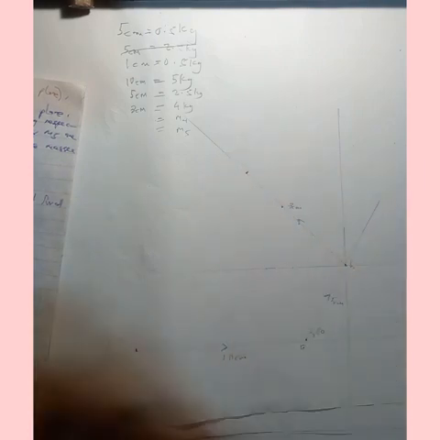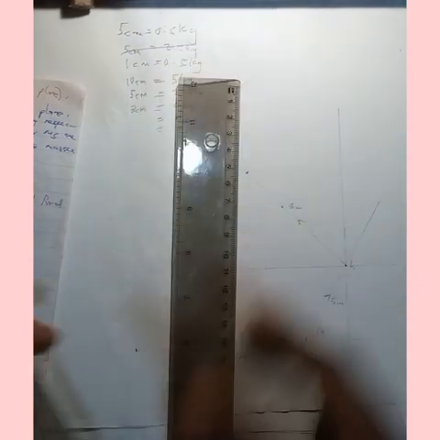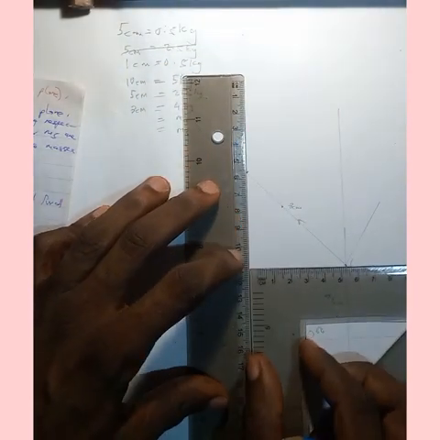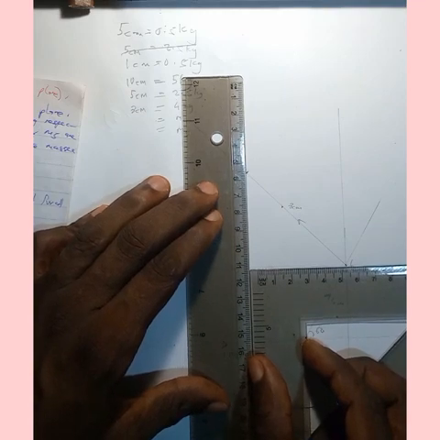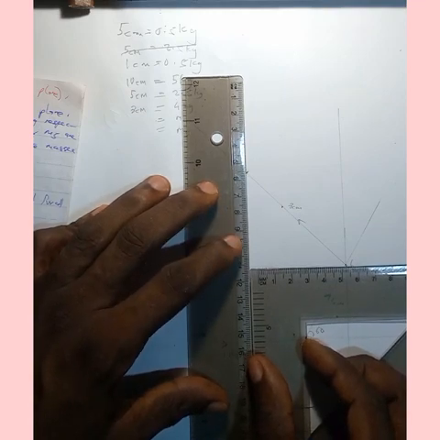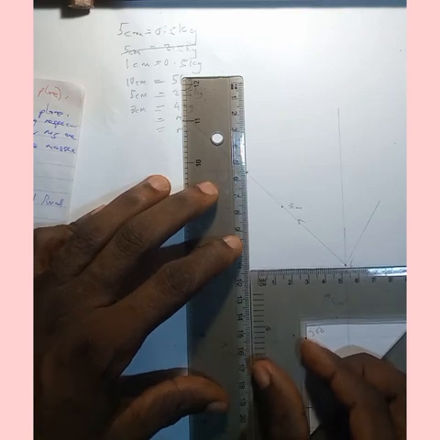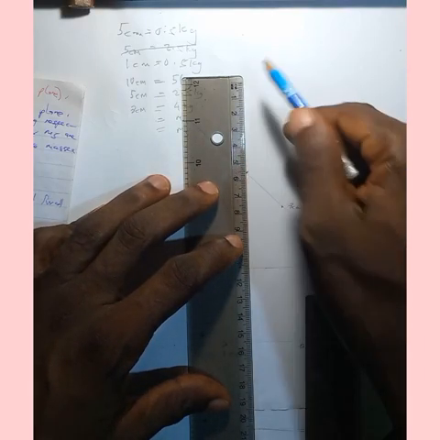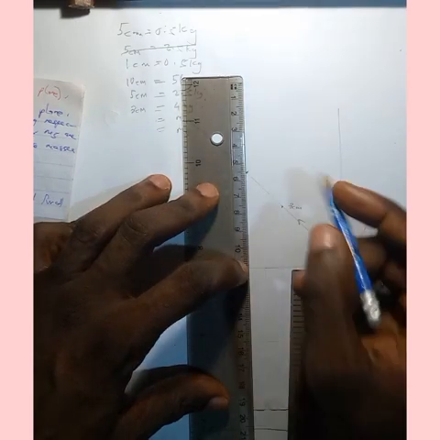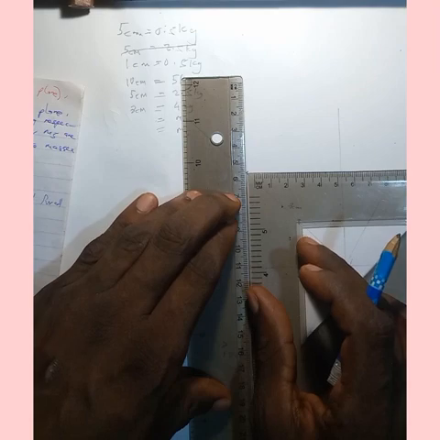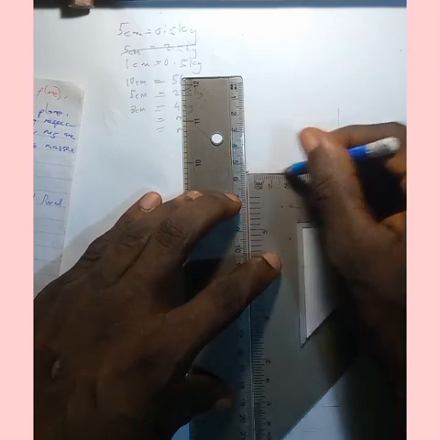So just as we did here, pick up your ruler and your set square, and then set it here. Once this is set, you can now draw your vertical line here. So this is your vertical line, and then you can also draw your horizontal line through this point as well.